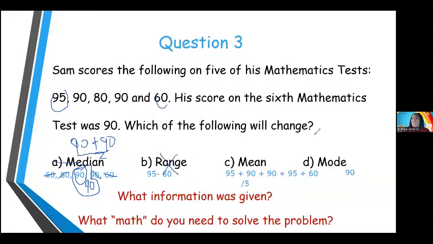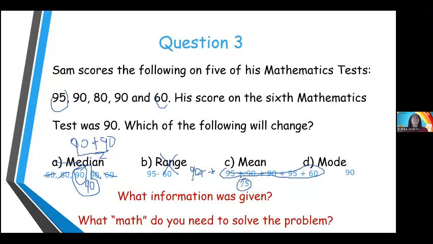What about the mean, Jonathan? Here we added 5 numbers. We're now going to add a 6th number, which is 90. So that's going to be 90 added to what was there before. Are we still going to divide by 5?